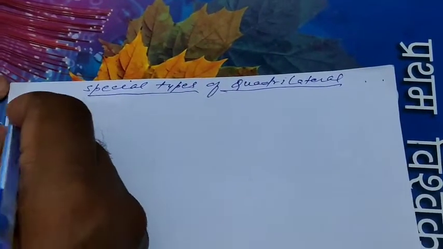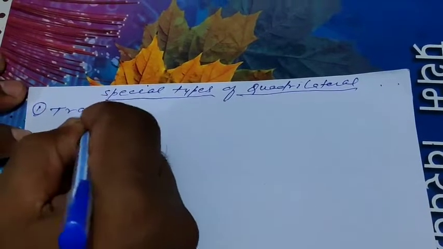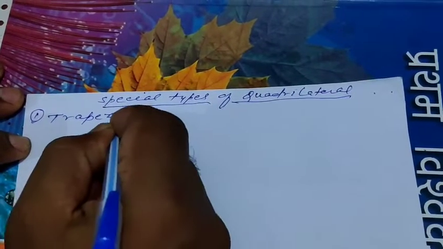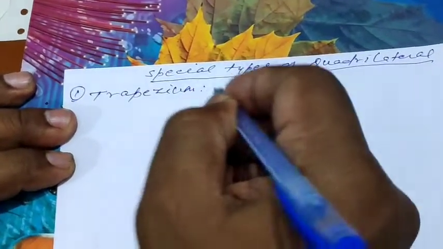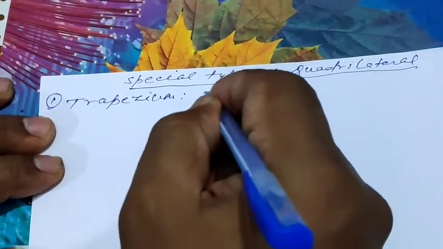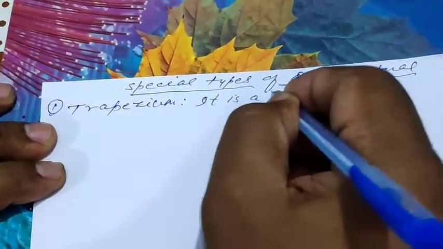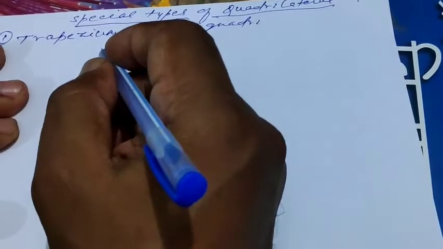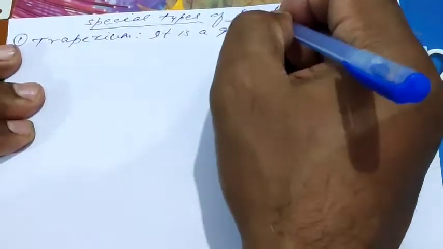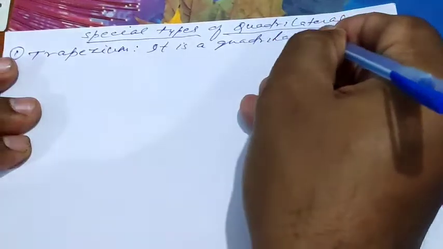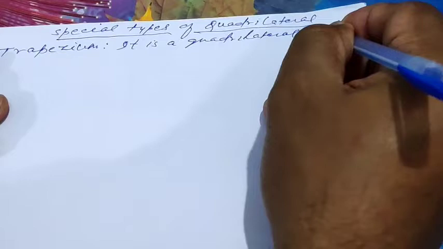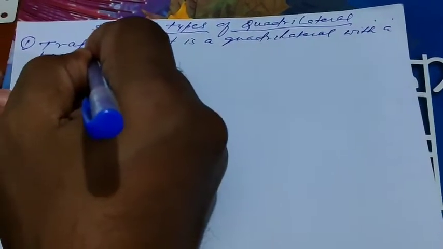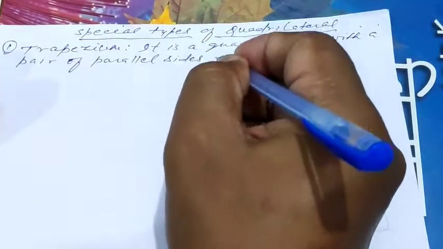First is trapezium. It is a quadrilateral with a pair of parallel sides.